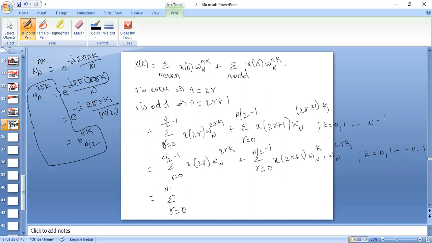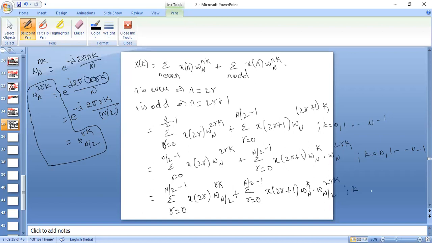So this can be further simplified as sigma r is equal to 0 to n by 2 minus 1, x of 2r into omega n by 2 power rk plus sigma r is equal to 0 to n by 2 minus 1, x of 2r plus 1 into omega n power k into omega n by 2 power rk.